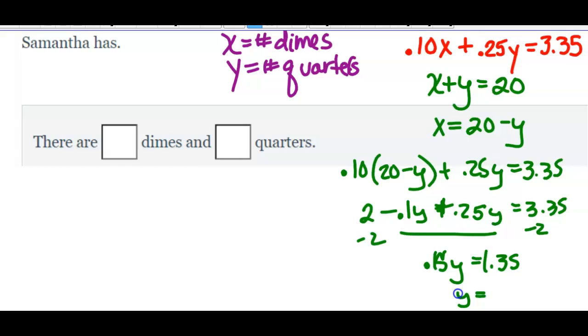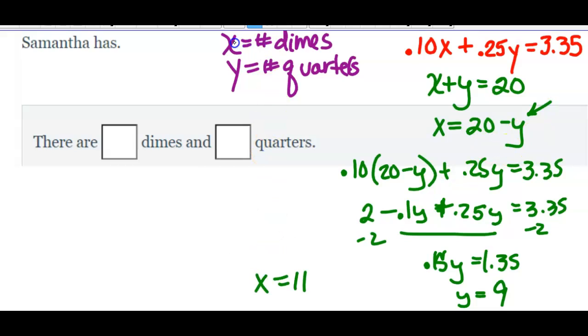And I need my calculator. 1.35 divided by 0.15 is 9. So we plug that back in here, and we get 20 minus 9, x is 11.